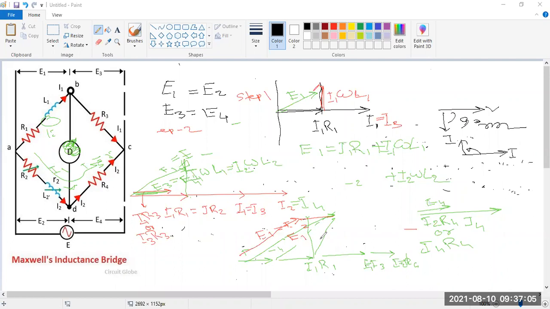This is E, and this is E3 equal to E4. So here is the phasor diagram. Okay. So guys, I think you can understand these things, and I want to draw this properly.